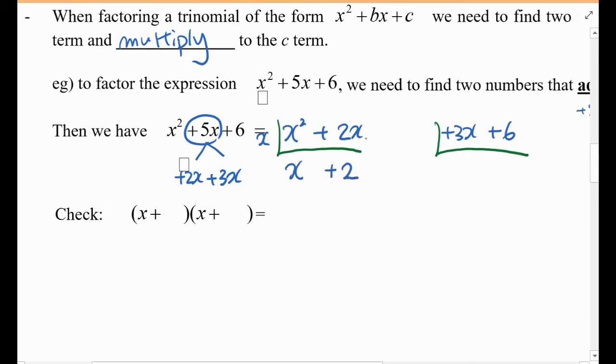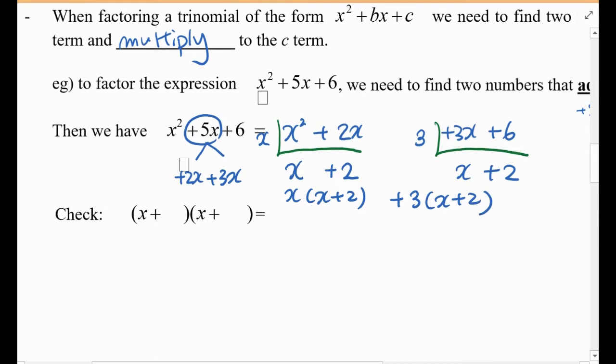So after factoring, it becomes x plus 2. So what's the GCF here? Positive 3. And it becomes x plus 2. So we say positive 3 times x plus 2.